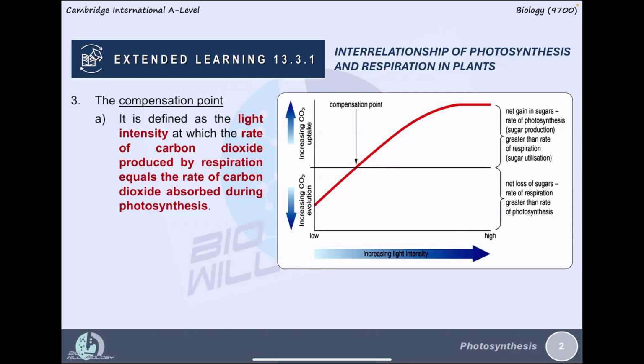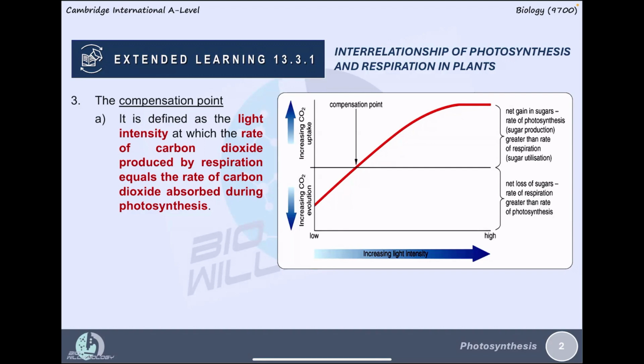However, with the increase of the rate of photosynthesis, the rate of photosynthesis is higher than the rate of respiration, so therefore there is a net gain in the production of the photosynthetic products. So these products will be stored in the plant.